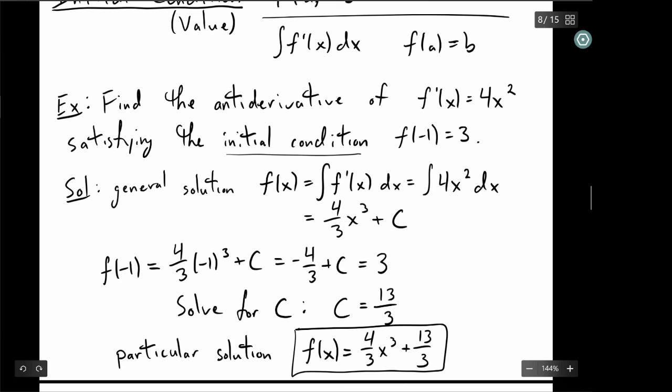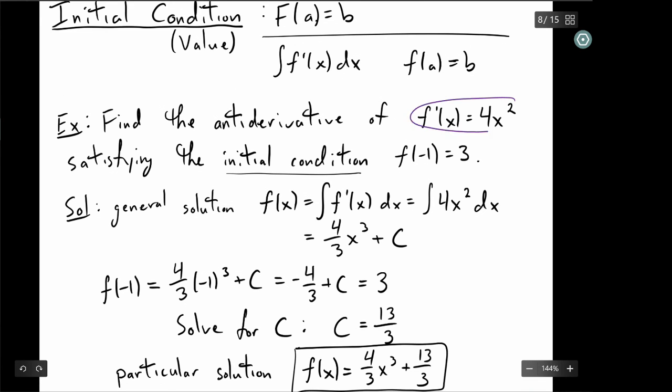So this kind of thing here is actually a very basic form of something called a differential equation. Misspelled that a little bit. I didn't even spell differential right.